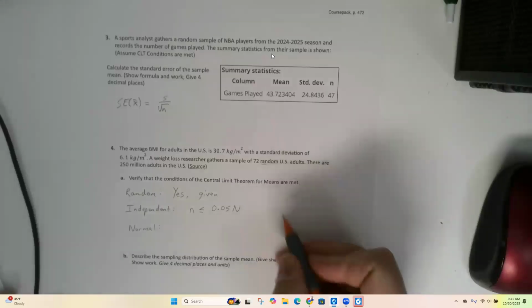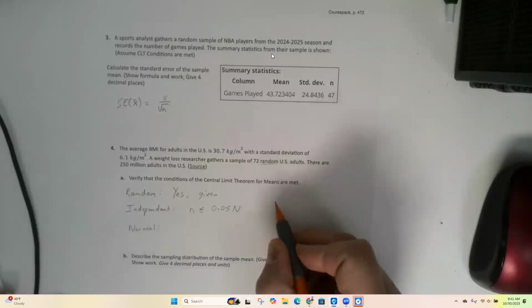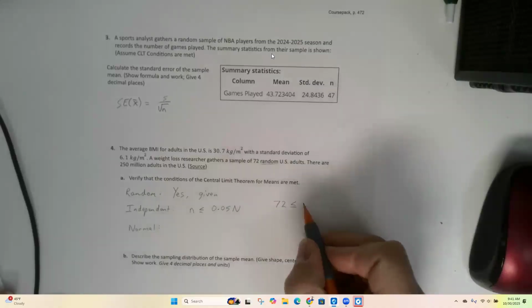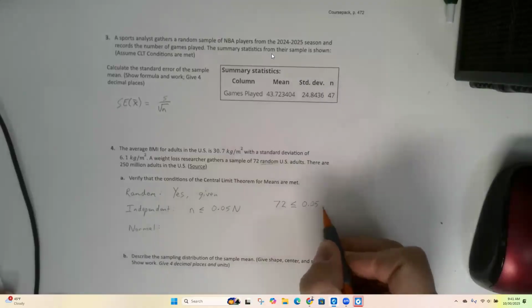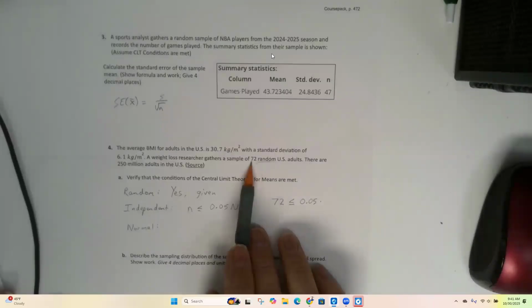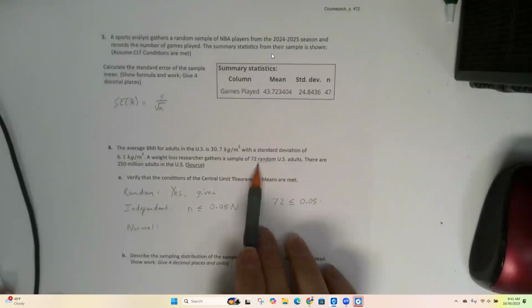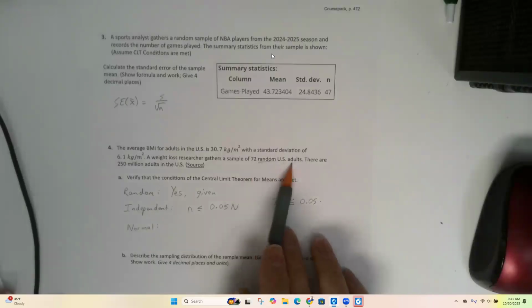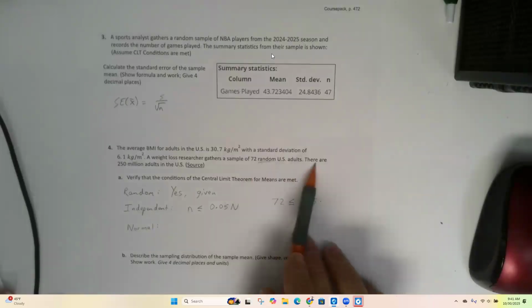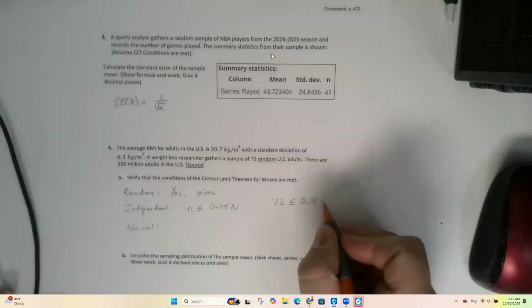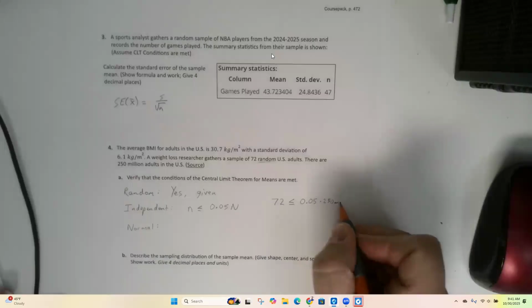In this case, we have 72 people in our sample. Our population would be all US adults. So how many US adults are there? There are 250 million.